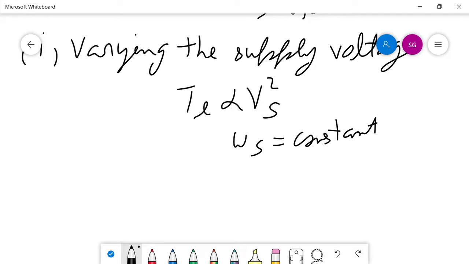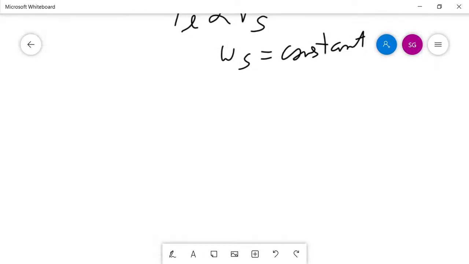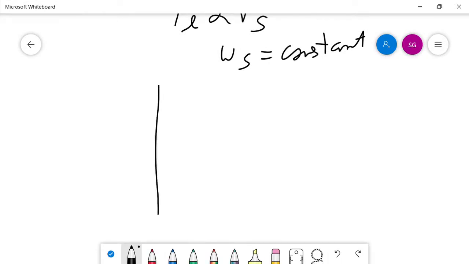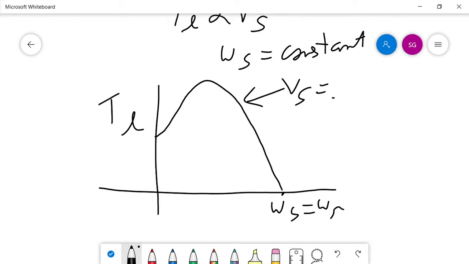So now what will happen? We can draw the torque speed characteristic. Let us say for a rated speed, rated voltage. If the rated voltage torque is like this, okay, this is at omega is equal to omega r. Then this is at Vs is equal to rated, the maximum at which the machine is designed.